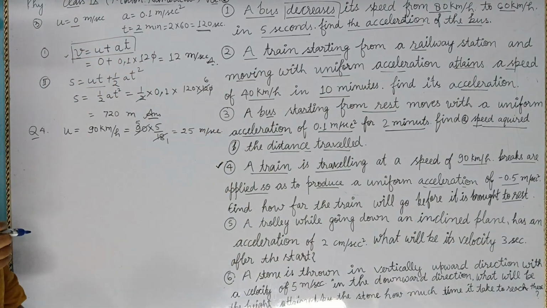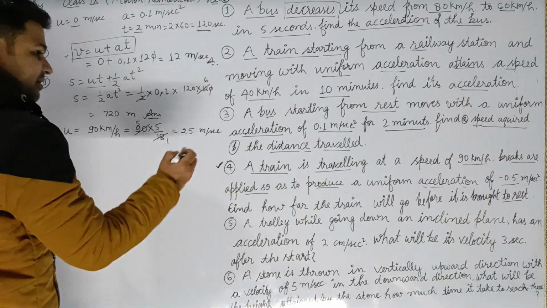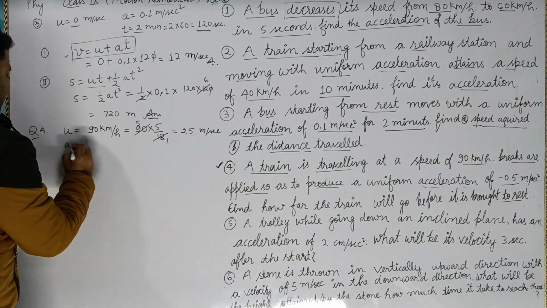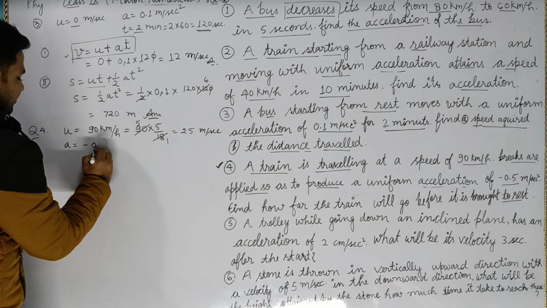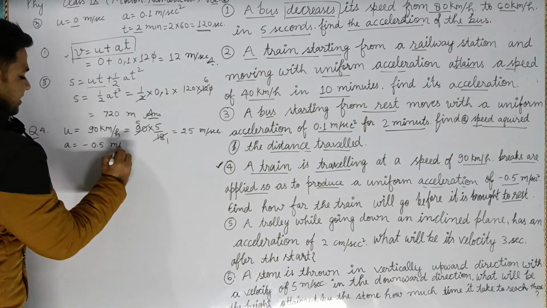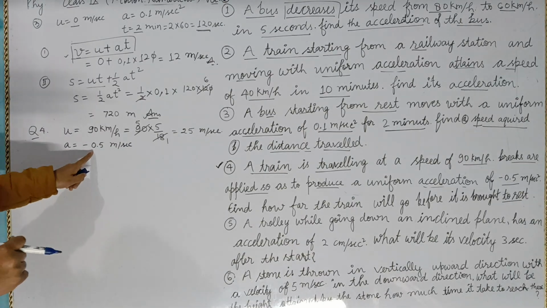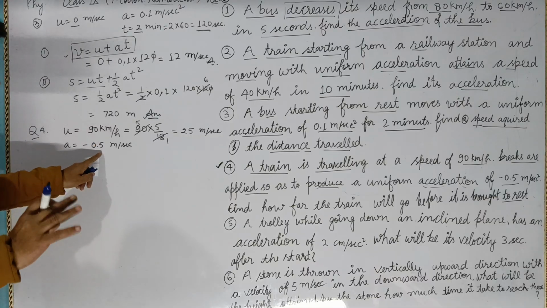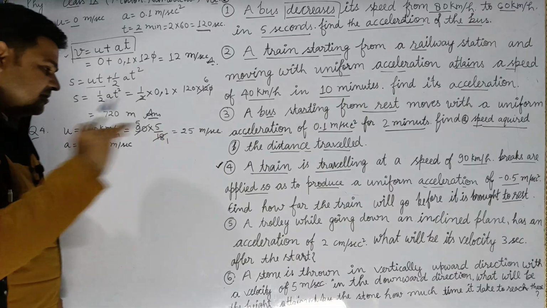Next, the acceleration is given, a equal to minus 0.5 meter per second squared. It is called negative acceleration or retardation because the velocity is decreased.